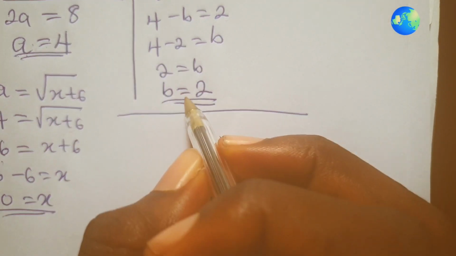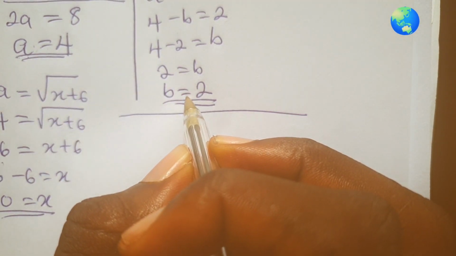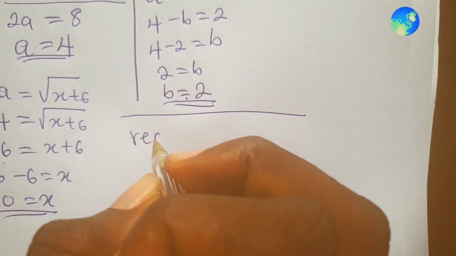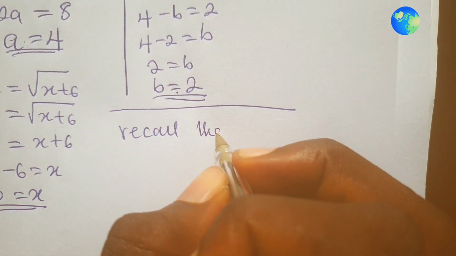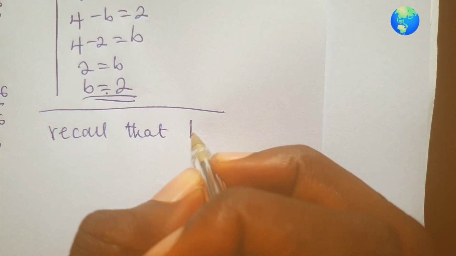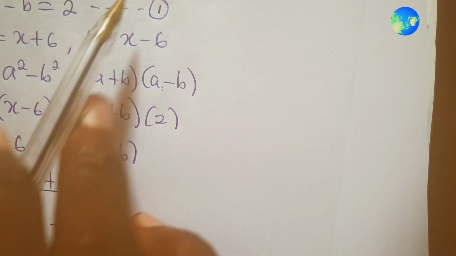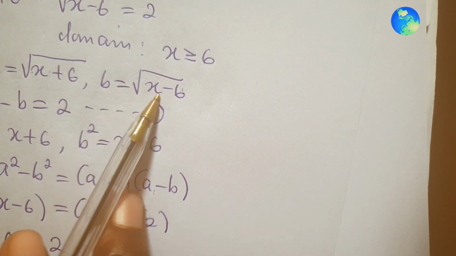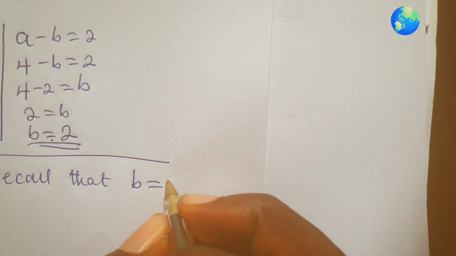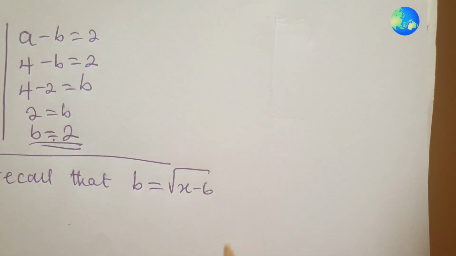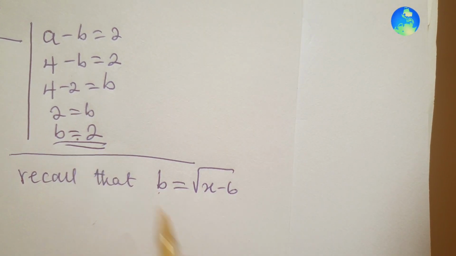Let's consider this for b to see if we are going to have the same result. Recall that b is the square root of x minus 6. So b equals square root of x minus 6. But b is 2, that's what we said, right?